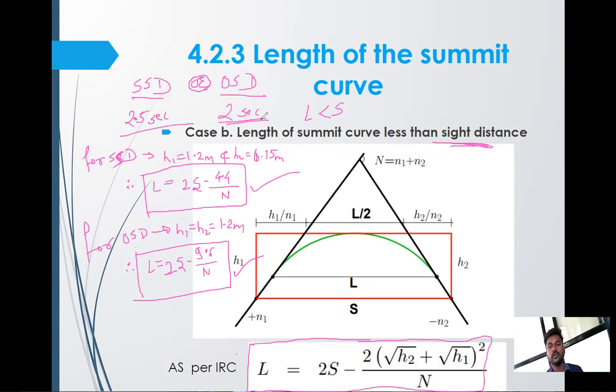For SSD, h2 is 0.15 meter and for OSD h2 is 1.2 meter. h1 is the same for both, 1.2 meter, the height of the driver. So it is very important that we analyze whether we are dealing with stopping sight distance or overtaking sight distance.